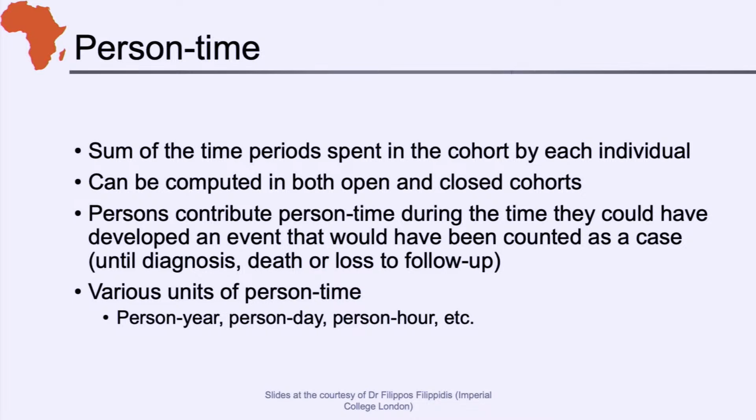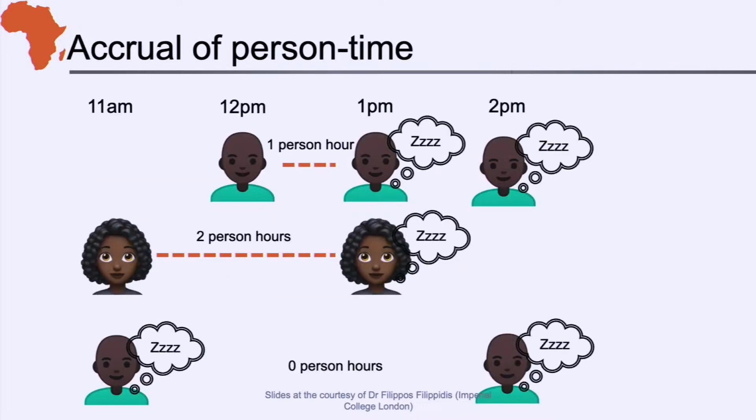And as I mentioned before already, depending on your study, you might use person years, person day, person hour, person minute, whatever time measure you want to use. What is the person time of this cohort here? Here we have 11 to 12, no gender changes.